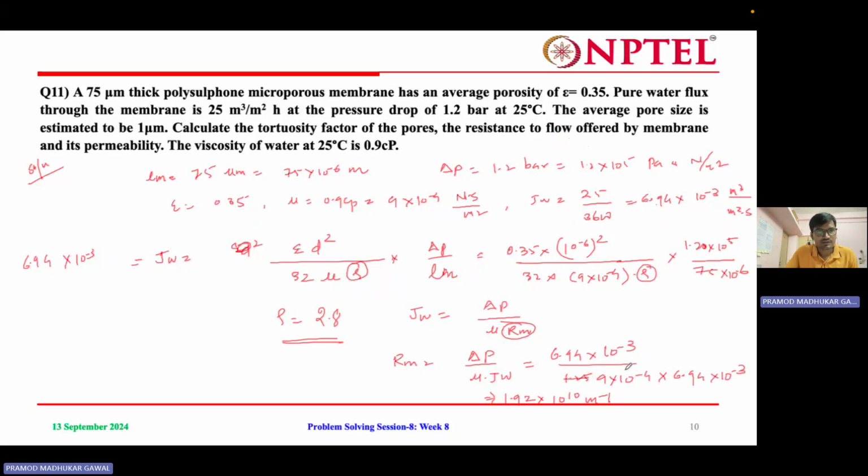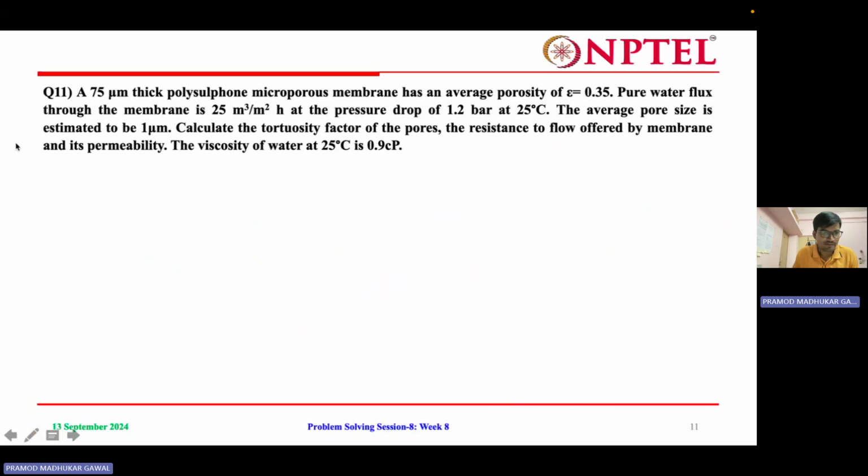Now the next task is we have to calculate the permeability. So to calculate the permeability, JW is equal to LP into delta P, right? So LP is equal to JW by delta P, right?